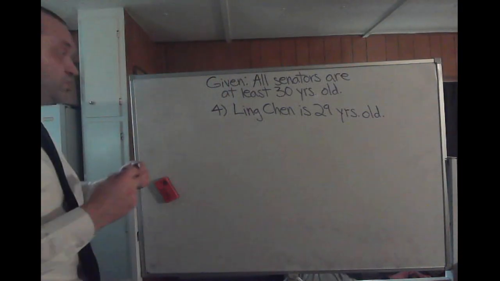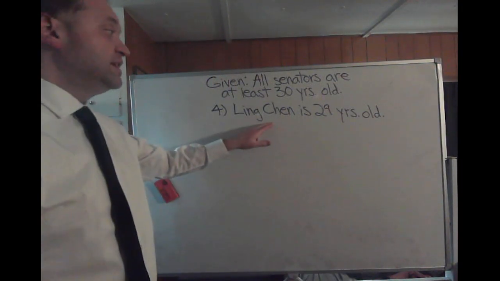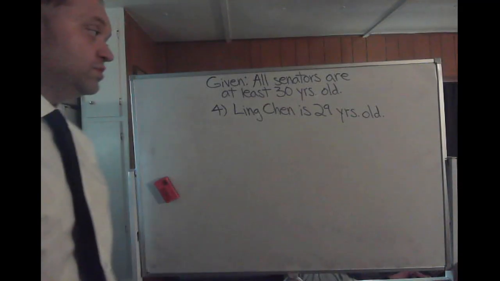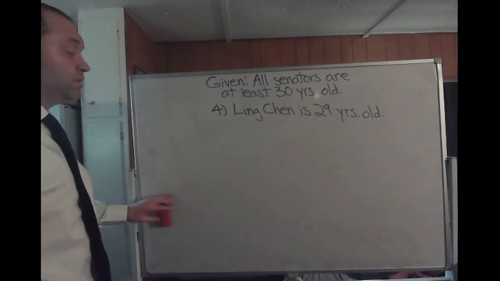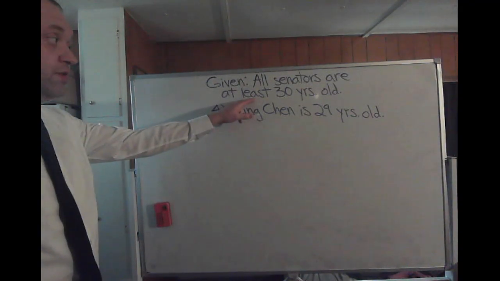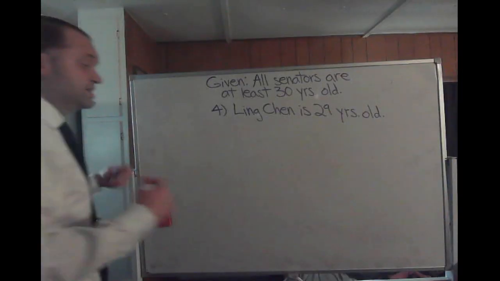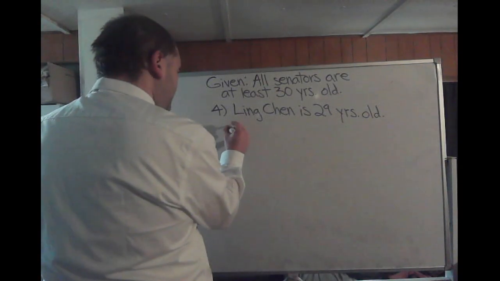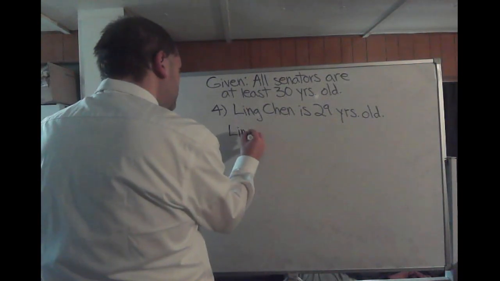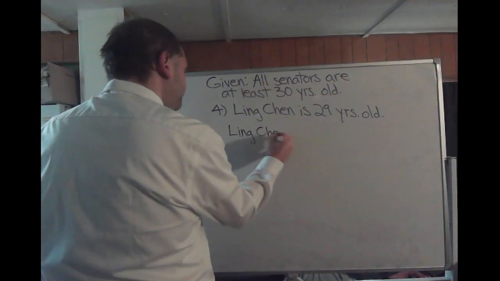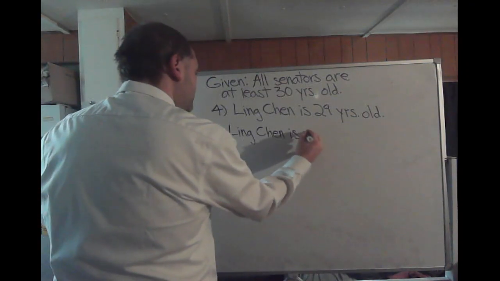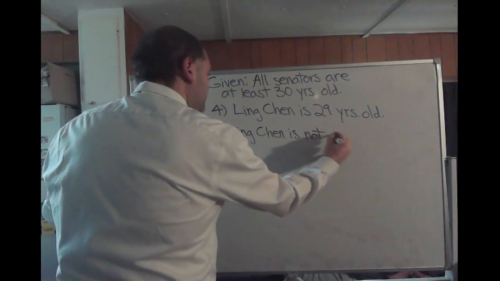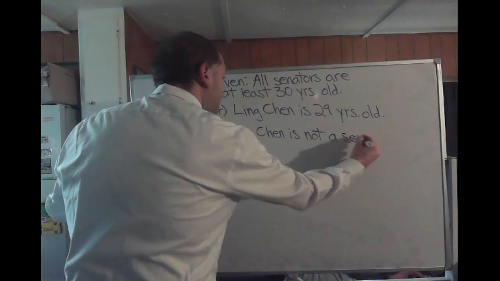Alright, so in addition to the given information, you have that Lean Chain is 29 years old. Well, clearly they're not at least 30, right? You have to be at least 30 to be a senator. So we can actually conclude that Lean Chain is not a senator.